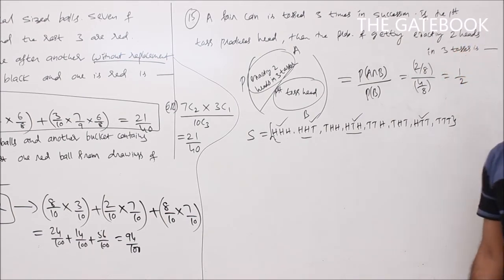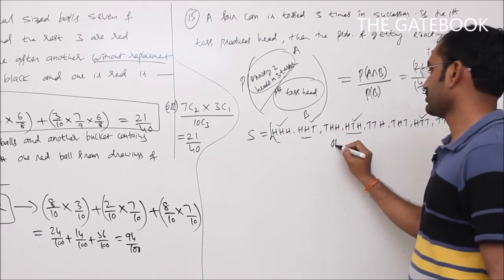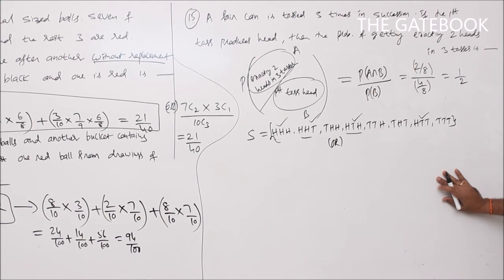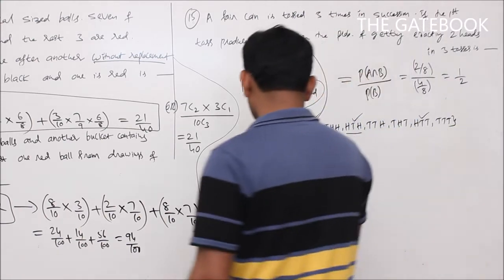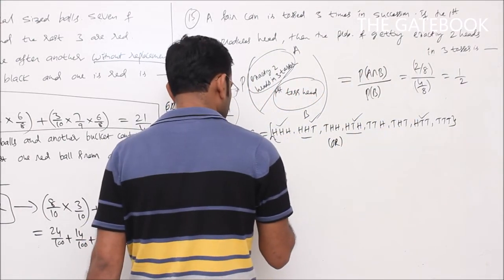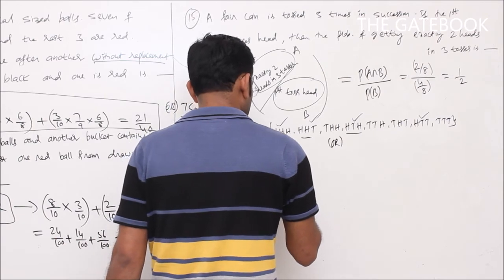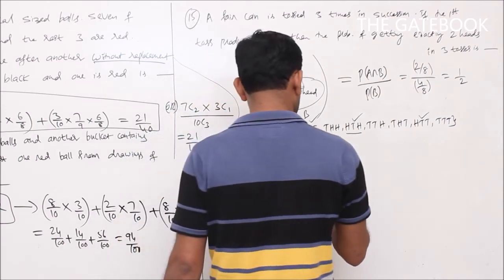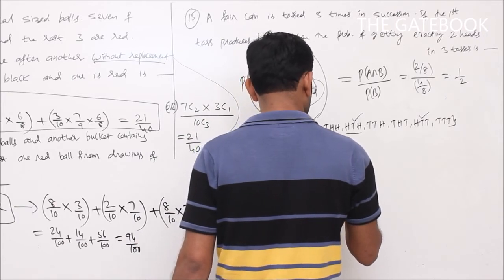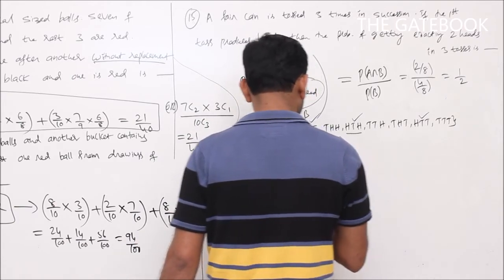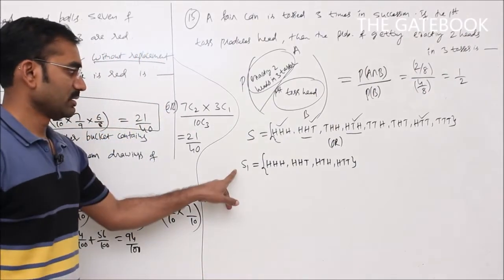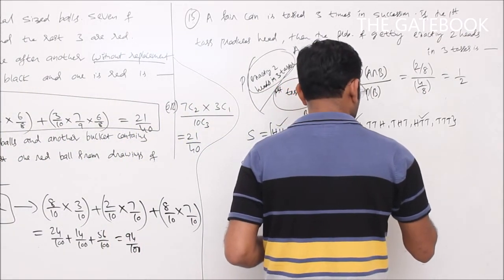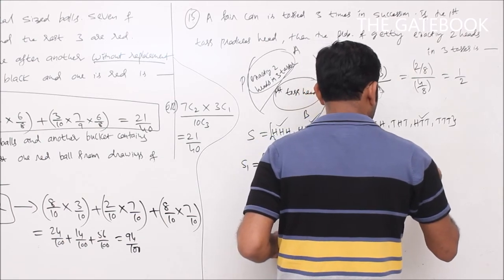Now we can do this problem in another way also. I will define the sample space for first toss head. Let S1 be the sample space that the first toss is head. We will get only 4 elements in that sample space.